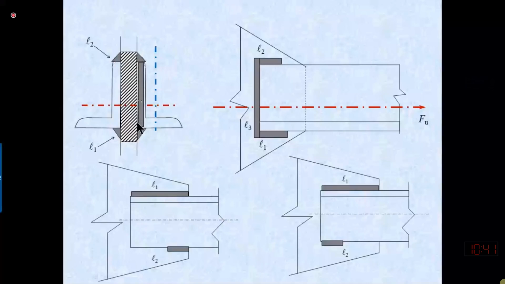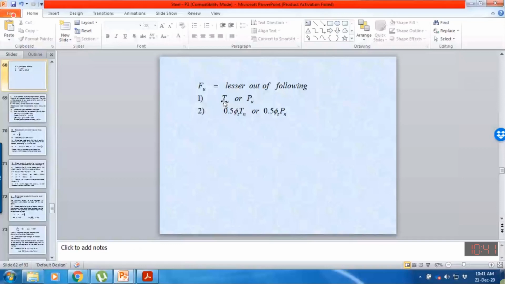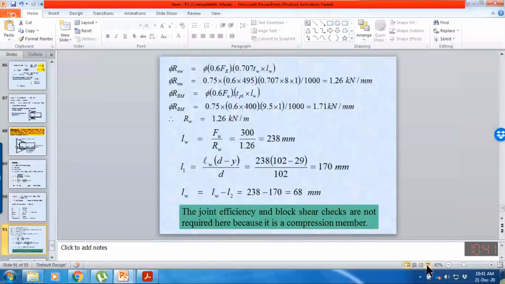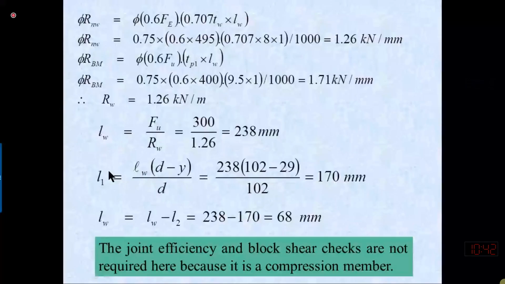We are supposed to have minus L3 by 2, but first we are assuming that L3 is equal to 0. So L1 will be equal to the total length of the weld times d minus y over d. 238 is the total length of the weld. d is the total depth of this section, which is 102, which is given. And the y value we have already determined from our reference manual, which is 29.